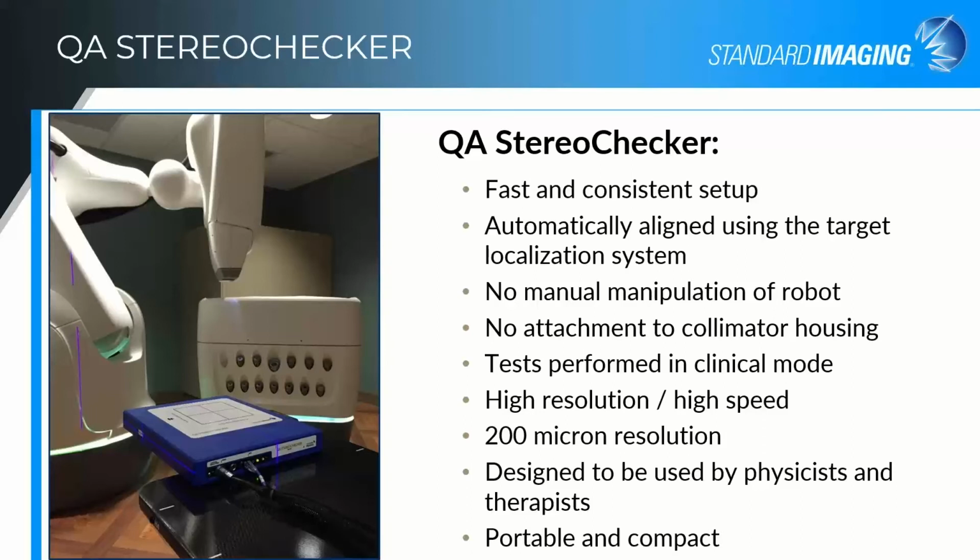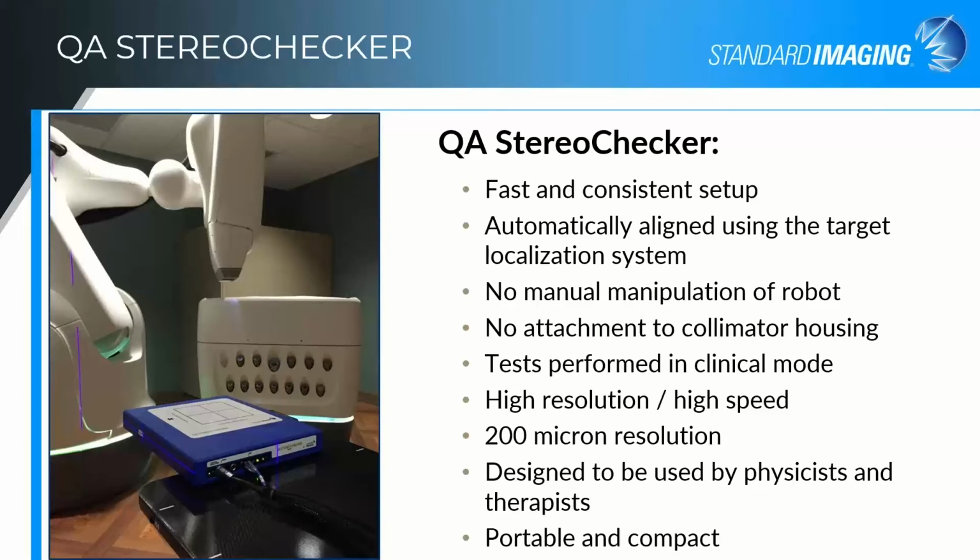For CyberKnife, you don't have to put the robot into the manual manipulation mode or physics mode. You can treat in the regular treatment mode. You don't have to attach the bird cage or other positioning systems to the collimator housing. So that again makes it a lot faster.